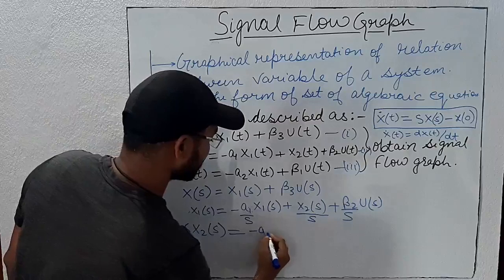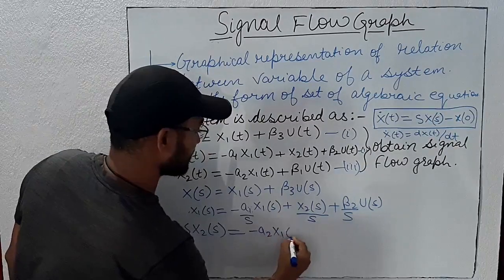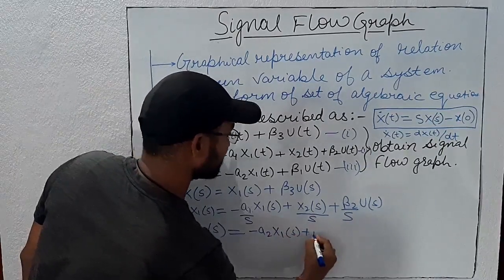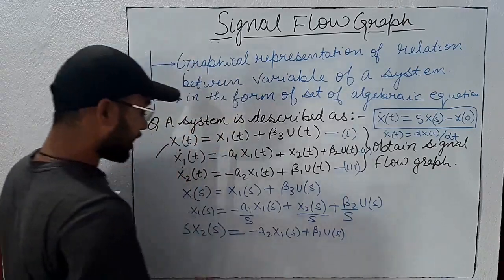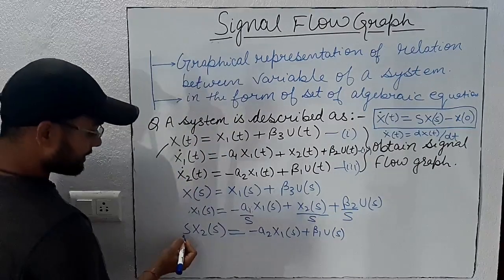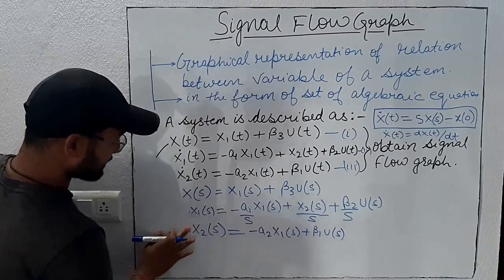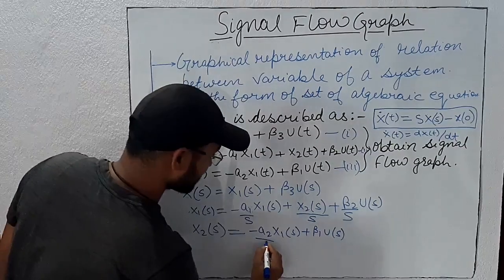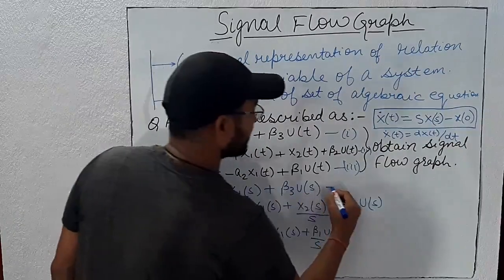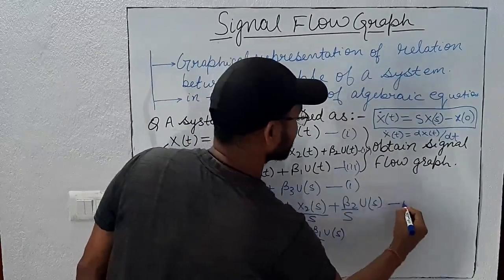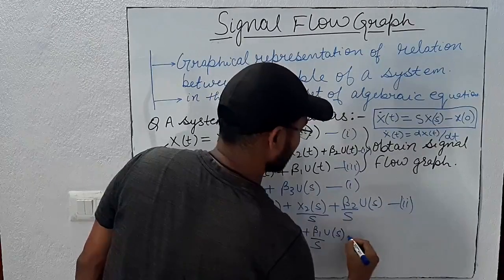We will write it as minus a2 x1s plus d1us. Now we take this s to the right hand side. So here s will come, here again s will come. So this is our equation 1, equation 2, equation 3.